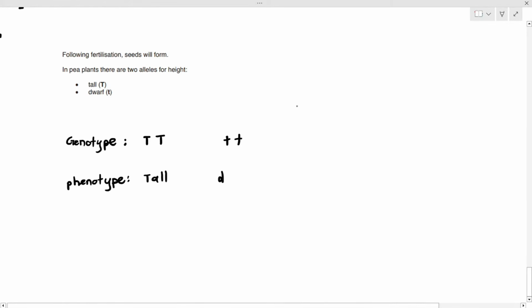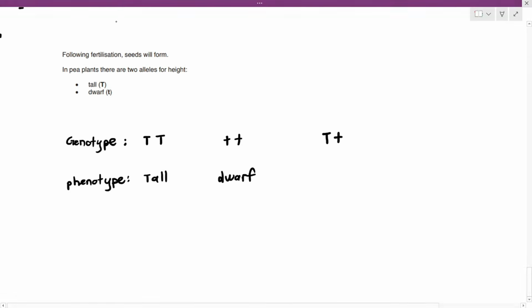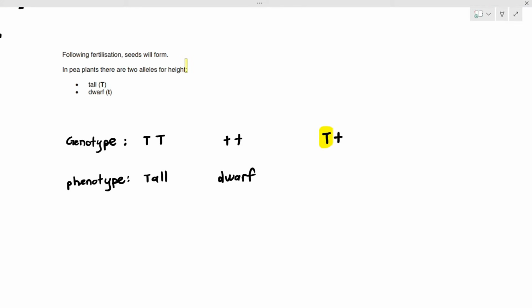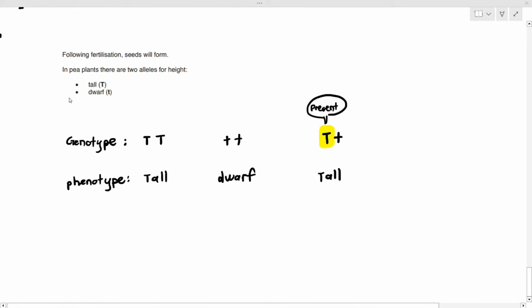If the genotype is small t, small t, the organism is obviously going to be a dwarf because there are no dominant alleles present, only the recessive allele is expressed. But if the organism's genotype is large T, small t, what will happen is that because the dominant allele is present, the dominant allele is expressed, and automatically it makes the organism tall.